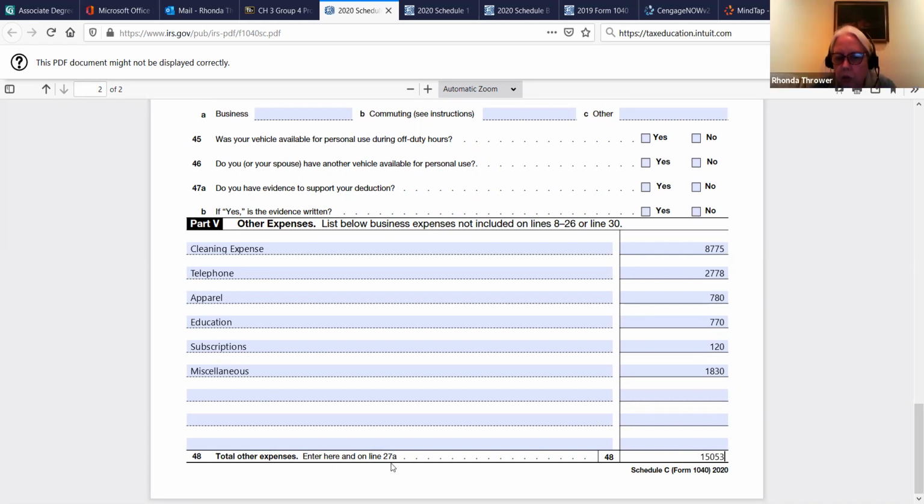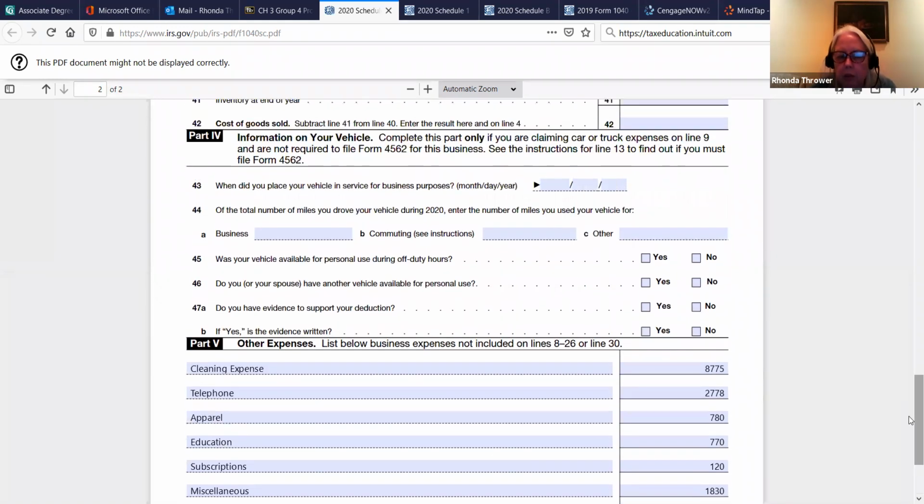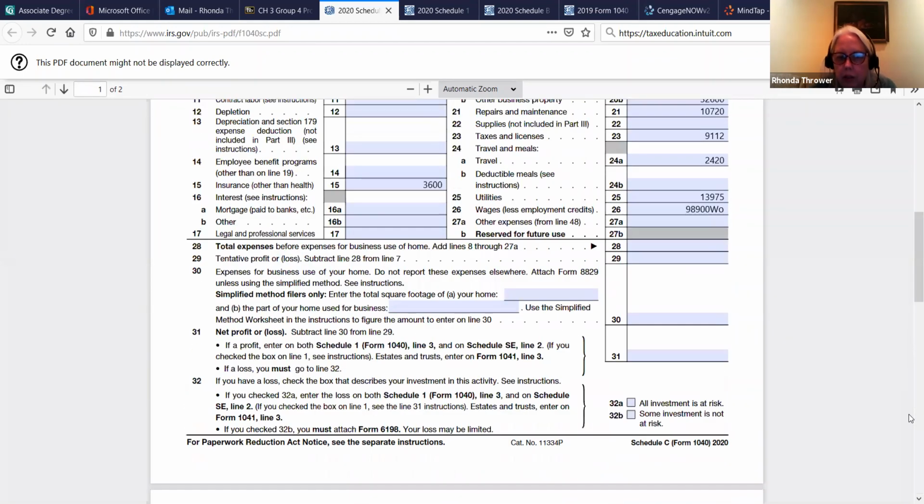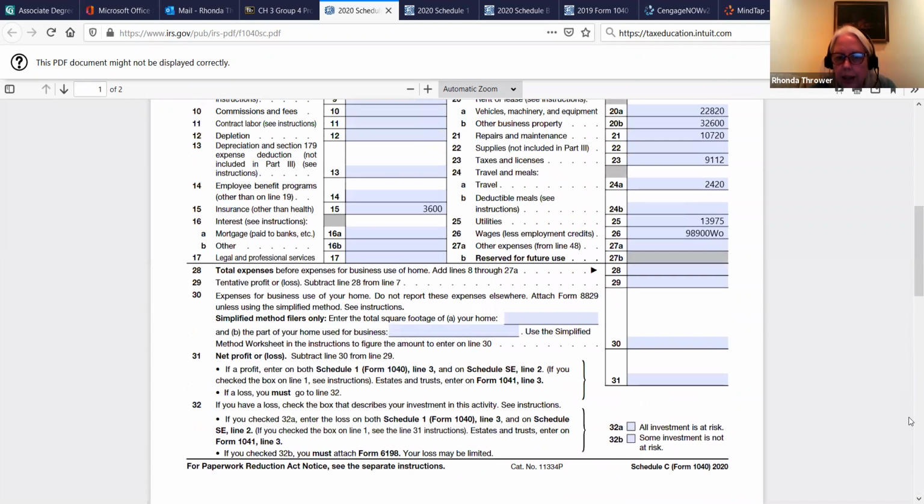It goes on line 27A. So you're going to scroll back up to line 27A, and you're going to put those other expenses there, which was 15,053.